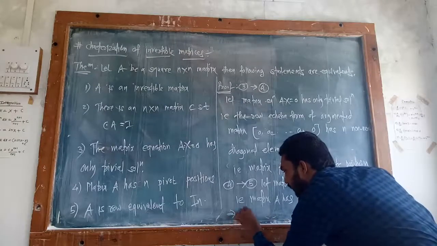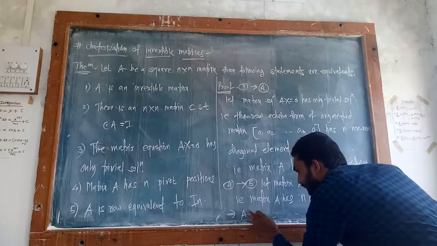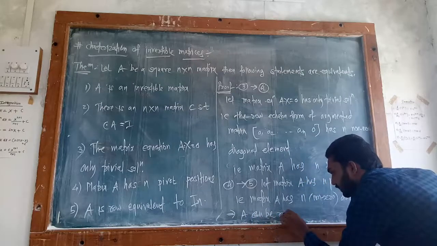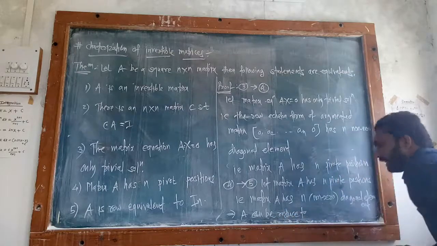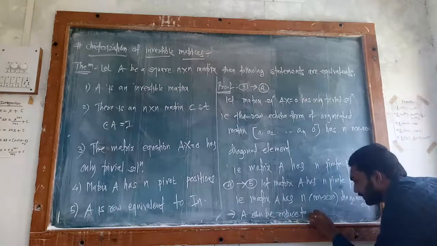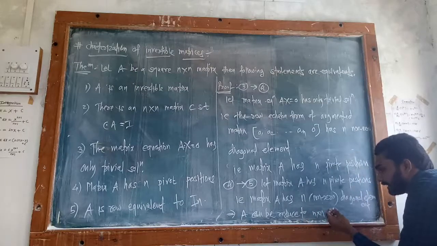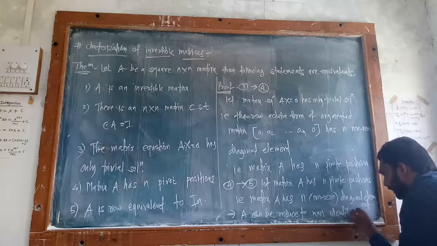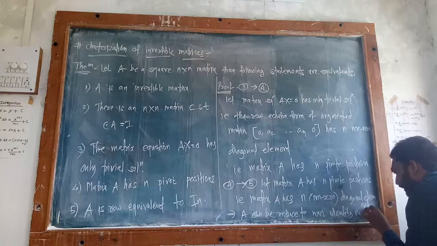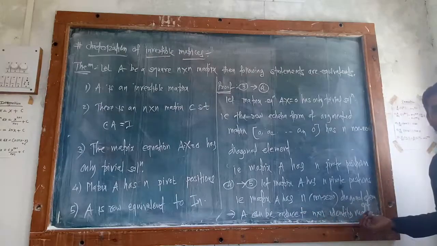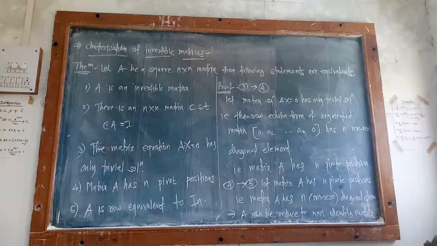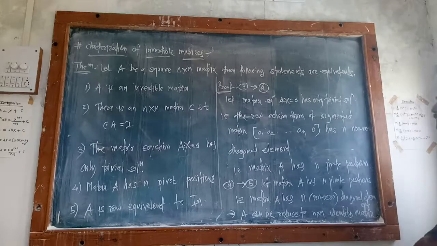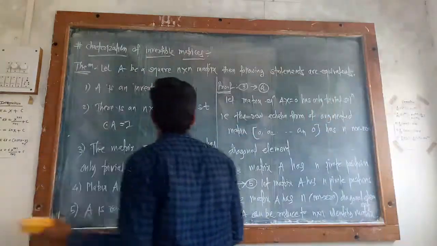So therefore matrix A can be reduced to the n cross n identity matrix by using elementary transformations.